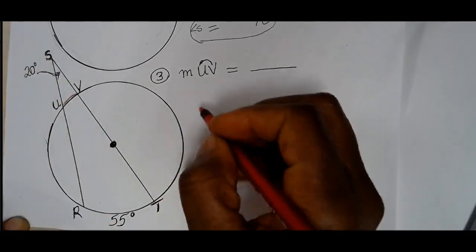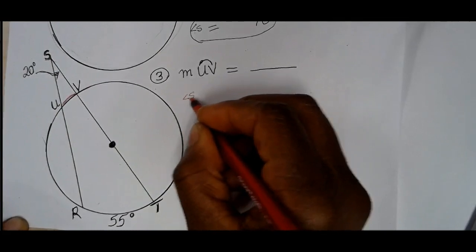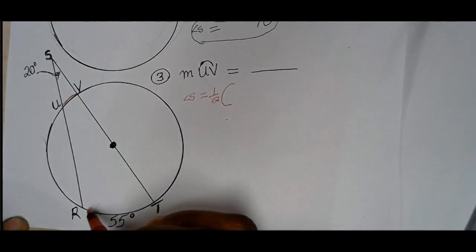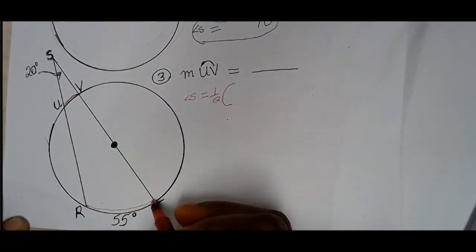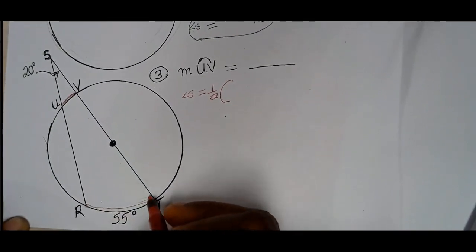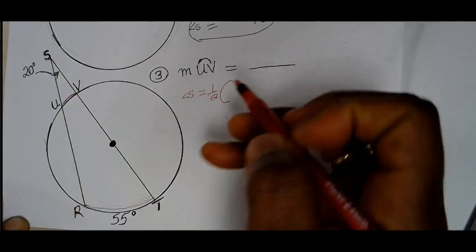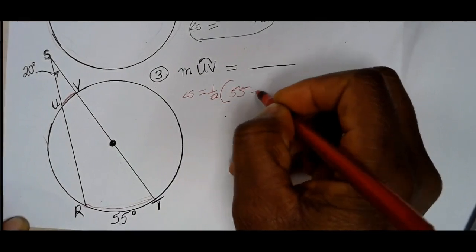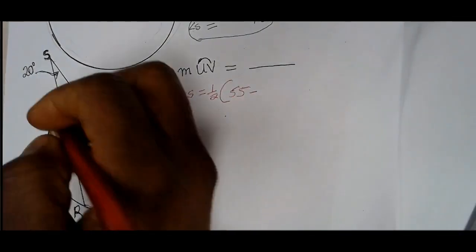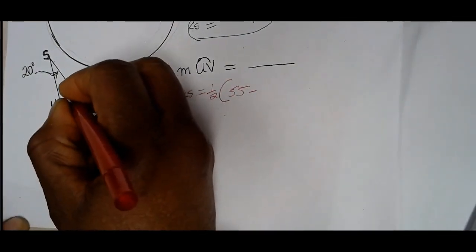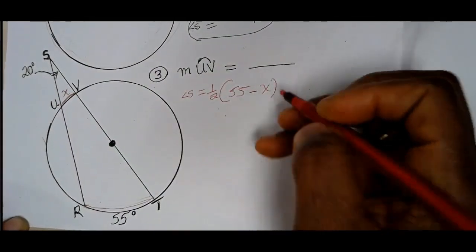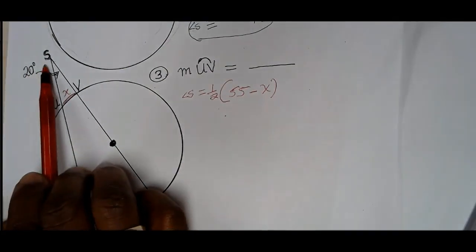So angle S is going to equal 1/2 of the 2 arcs, which is this arc that is in between the 2 sides of the angle and this arc. So we subtract the bigger arc, which is 55, minus the smaller arc, which is UV. Let's call it x. Minus x.